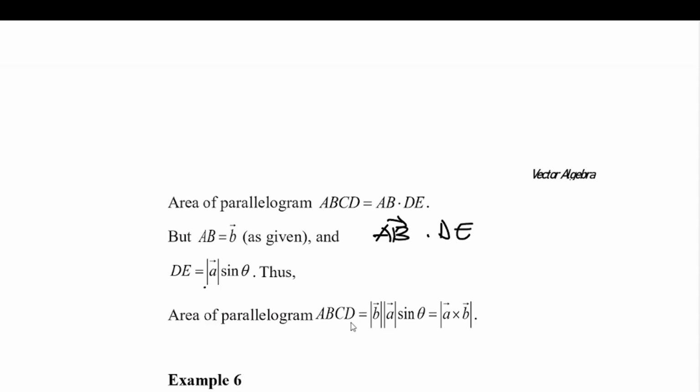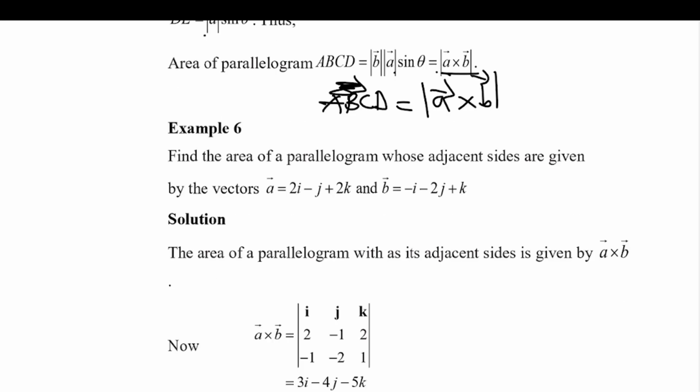And therefore, the area of a parallelogram is magnitude of b times magnitude of a sine theta. For that matter, the area of a parallelogram using the cross product concept is equal to magnitude of a cross b.